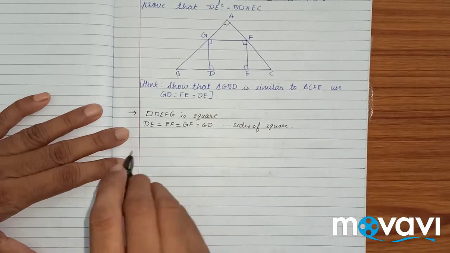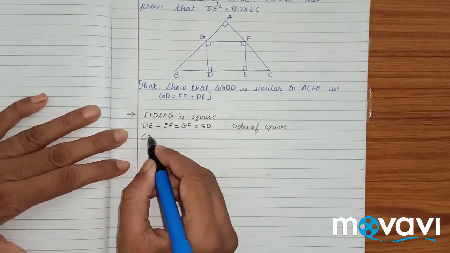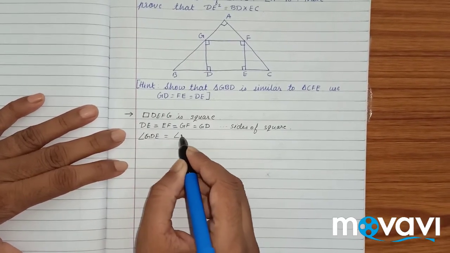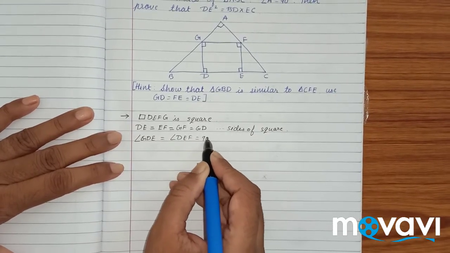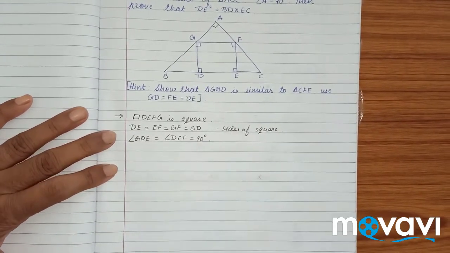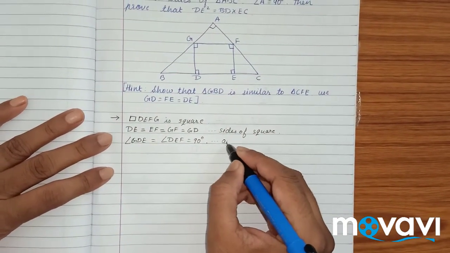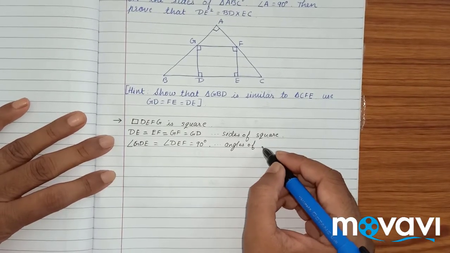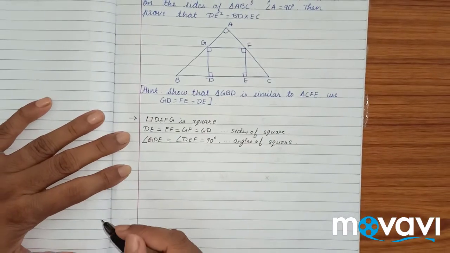Now, I also know that angle GDE is equal to angle DEF is equal to 90 degrees. Why? Because they are angles of a square. You all know that the measures of all angles of a square are 90 degrees.